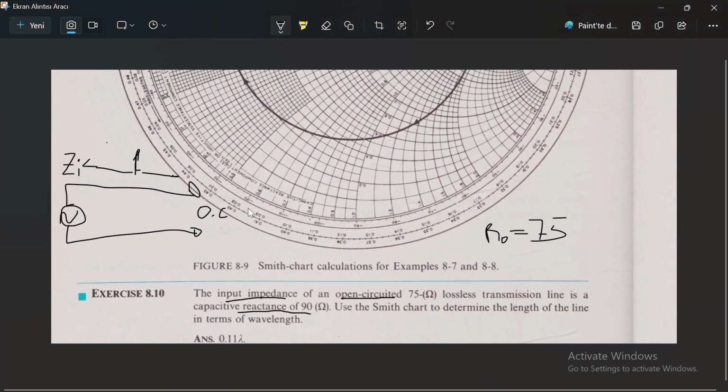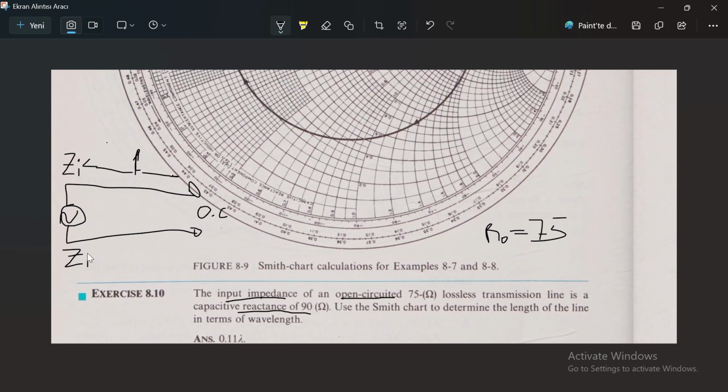Also, we have Zi, the input impedance. It is a capacitive reactance of 90 ohm. So the real part is 0, because it is only capacitive reactance. It has an imaginary part only, no real value. Since it is capacitive, it is minus j90.